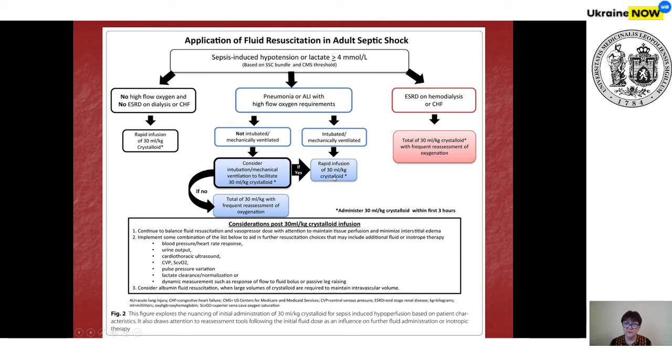In intubated patients, a rapid infusion of such volume, 30 ml per kg of crystalloids, is administered. And total volume 30 milliliters per kg with frequent reassessment of oxygenation in patients that cannot be intubated.